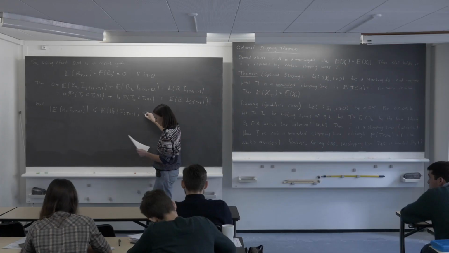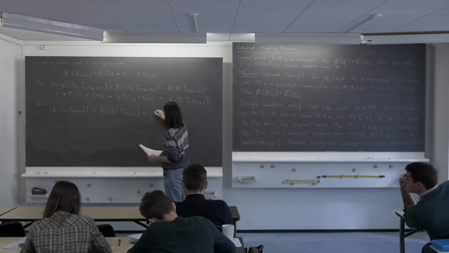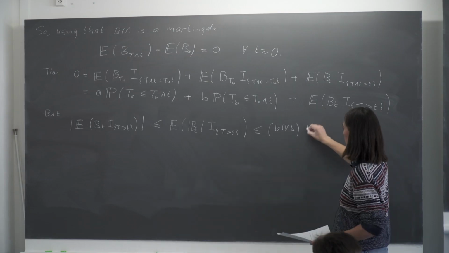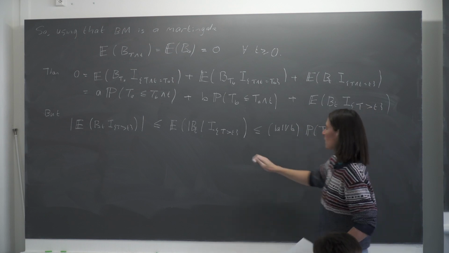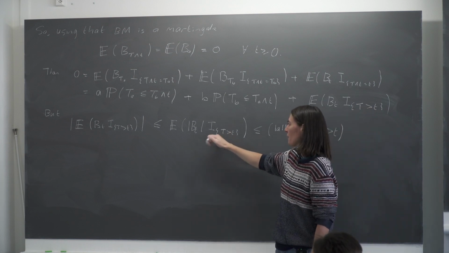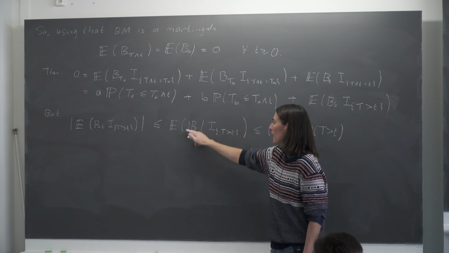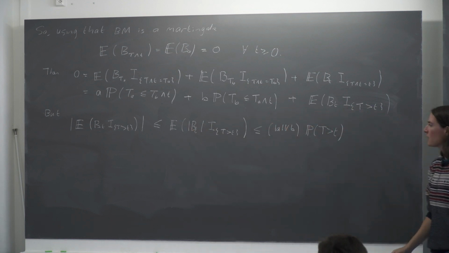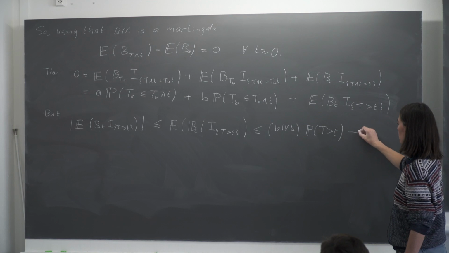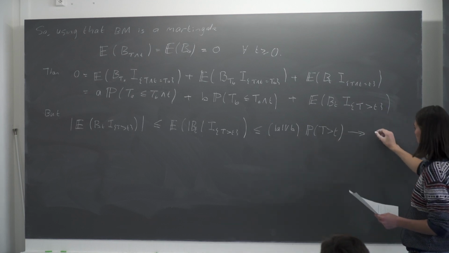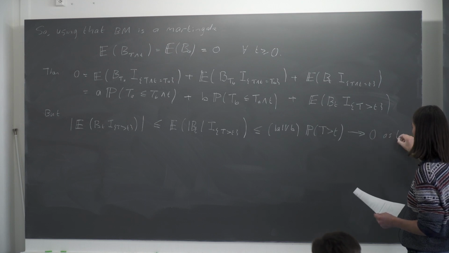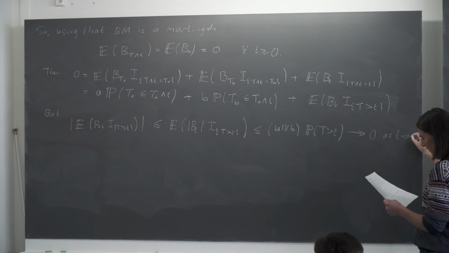This must be less than or equal to the maximum of |A| and B times the probability that T is bigger than t, because we know we haven't exited this interval, and so this is bounded. Now if we let t go to infinity, this bit tends to 0, that bit's bounded, and so the whole thing tends to 0 as t goes to infinity.